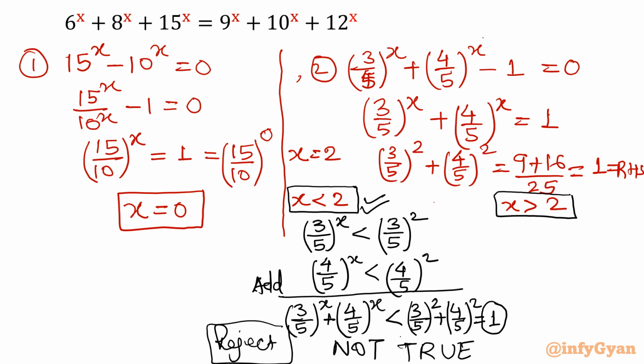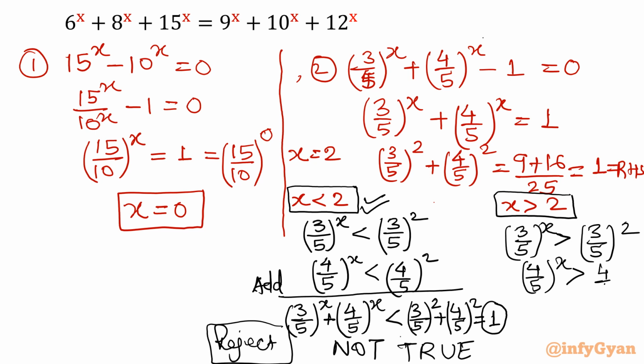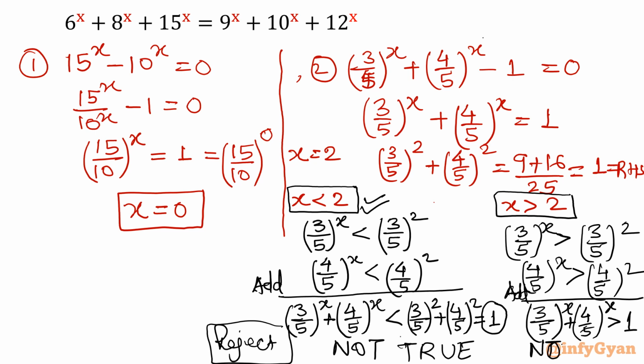Similarly, x greater than 2. I will write (3 over 5)^x is greater than (3 over 5) whole power 2, and (4 over 5)^x is greater than (4 over 5) whole power 2. Add both the inequalities. So it will come out (3 over 5)^x plus (4 over 5)^x should be greater than 1, which is not true, because that sum is 1, as you can see here.